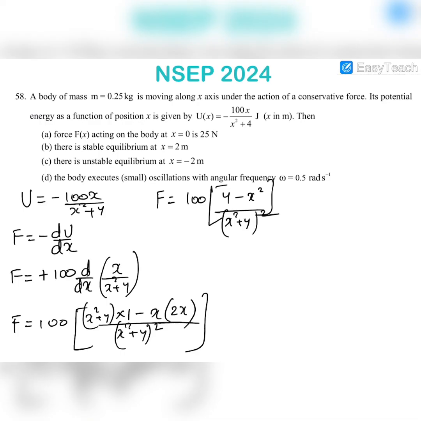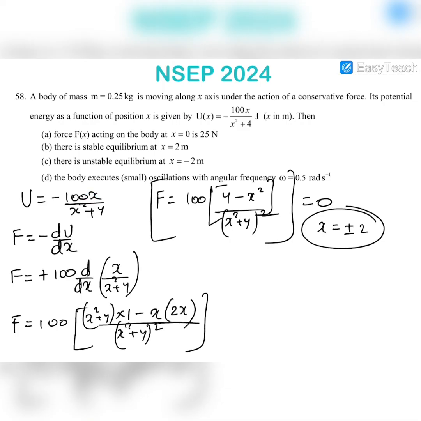Now you can see that this force is 0 at x is equal to plus minus 2. So these are the two equilibrium positions, and obviously if you substitute plus 2 here, then U will be minimum, and if negative 2 is substituted here, then U will be maximum.